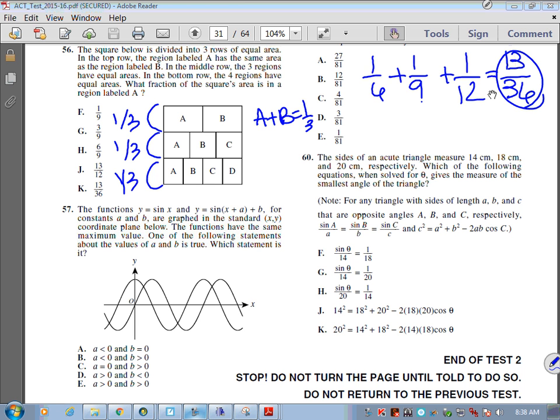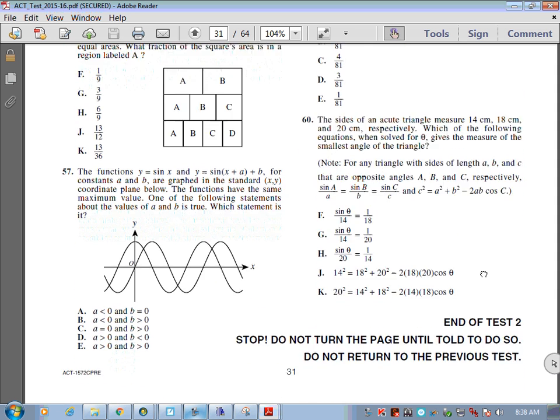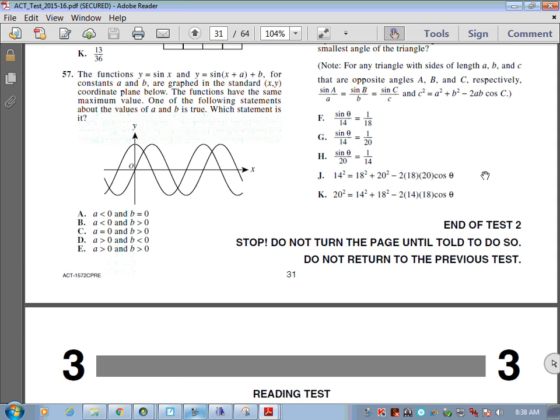57, this is one that we will cover later in Algebra 3, and I'm going to apologize for not being able to give you a strong answer on this. What we're dealing with here is a sine function that has been shifted. This is where we get into phase shifts, but because it's all algebraic, it's a little bit tricky.